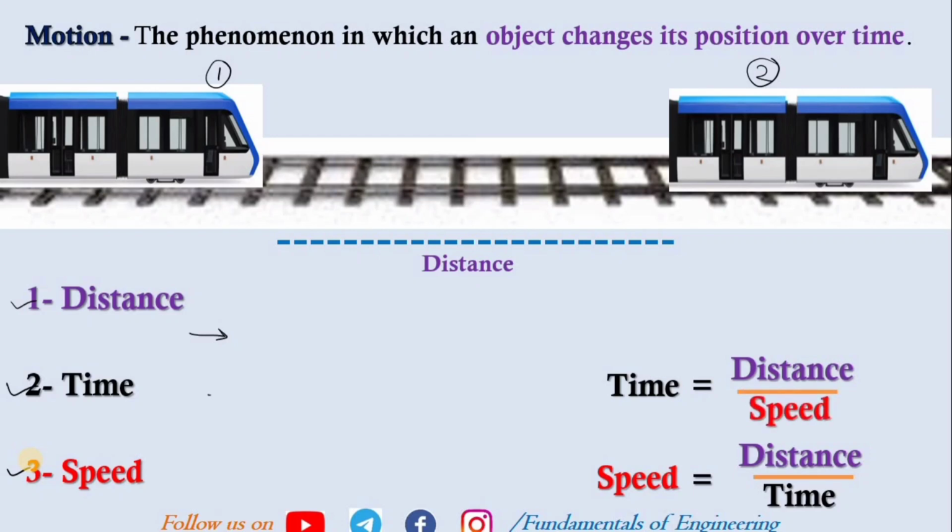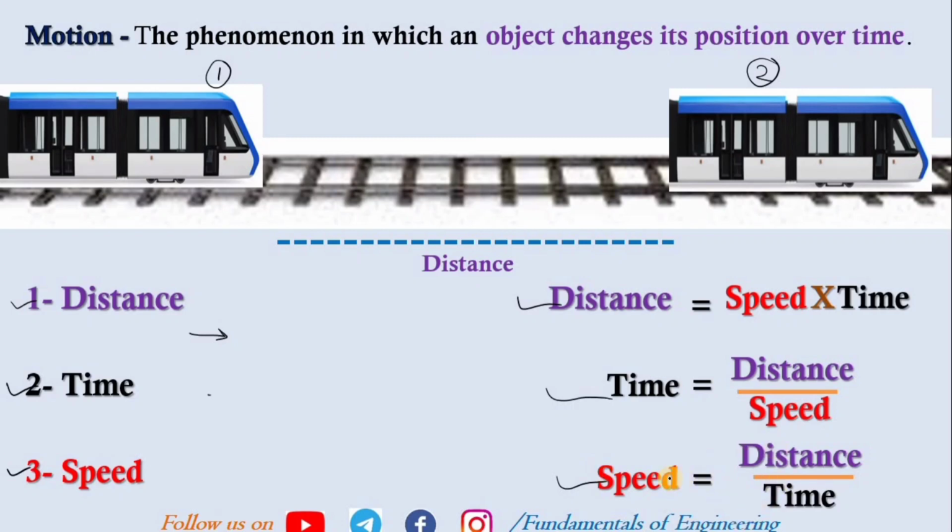And if we know how much speed the object is moving in this much time, then we can calculate the distance as the speed it gains to travel in the required time. By using these three derivations, we can calculate any missing term.